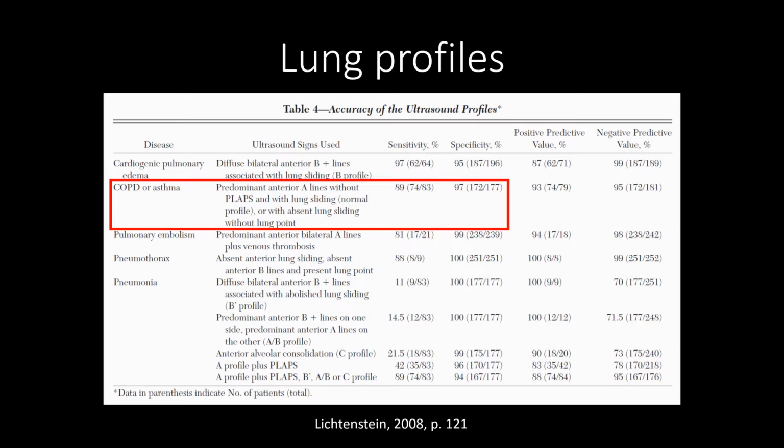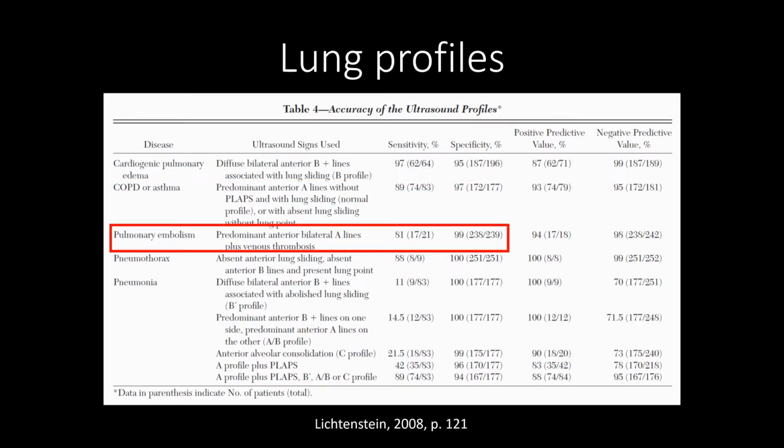For COPD/asthma, the presence of a normal profile or A profile without any lung point or without any deep vein thrombosis, the sensitivity was 89% and specificity 97%.